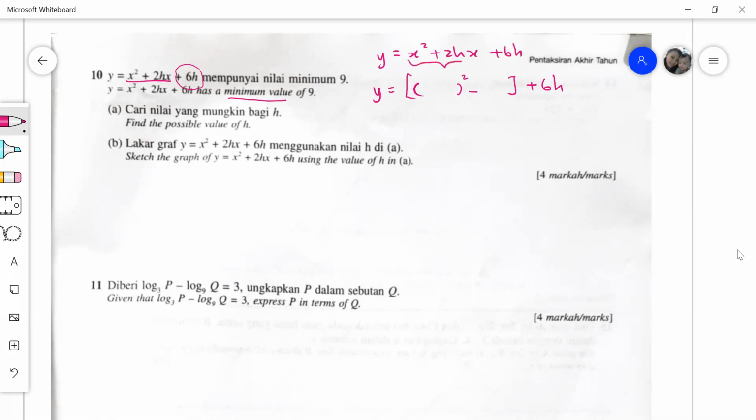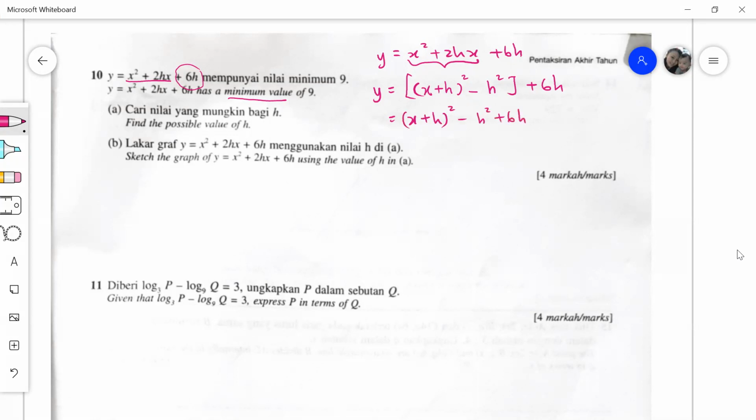This one will go through the transformation. Complete the square. First term divided by x. The second term divided by 2x, you're left with h. And always minus the square of the second term, which is h squared. Then only we open up the square bracket. x plus h squared minus h squared plus 6h.